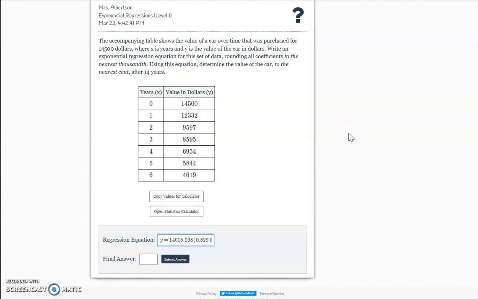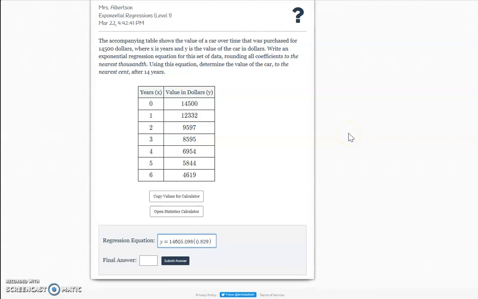And then exponent, so that means shift 6, and then x. All right, so let me just make sure I copied that right. 14,605.098, and then 0.829 to the x. Okay, so now we need to calculate.